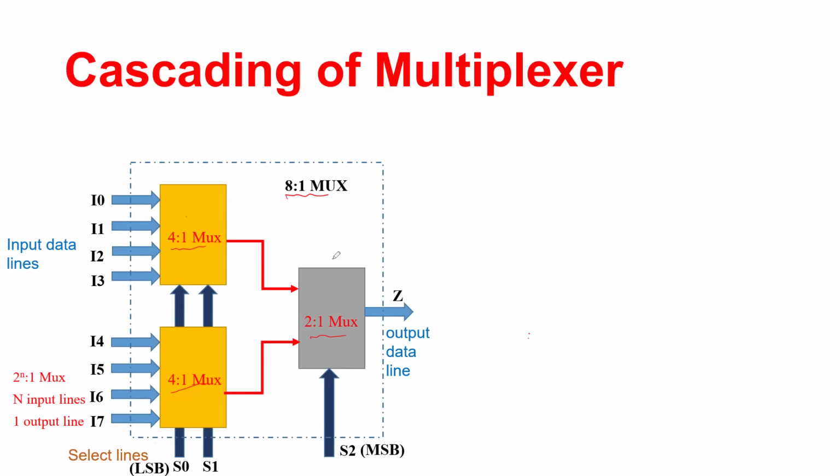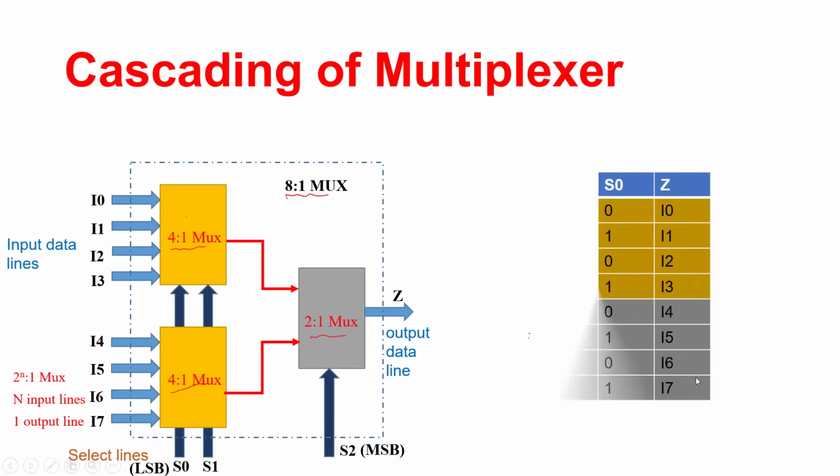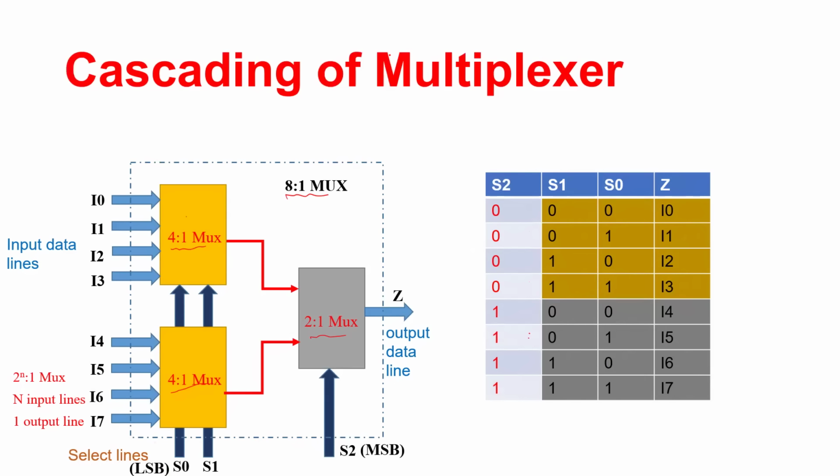So now how these discrete blocks, when put up in a single box, will become a system-level 8:1 MUX can be understood with the truth table. So here is the truth table of this multiplexer.